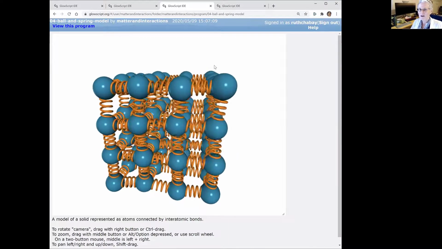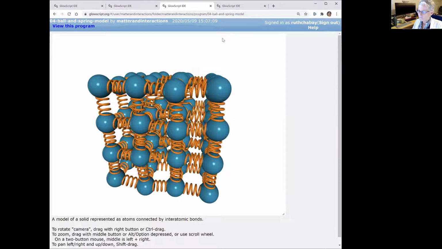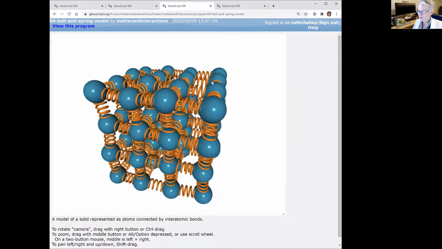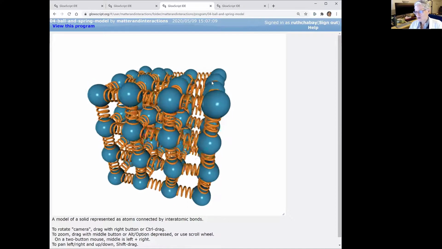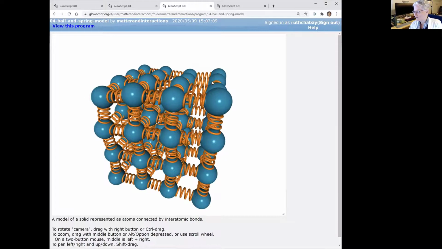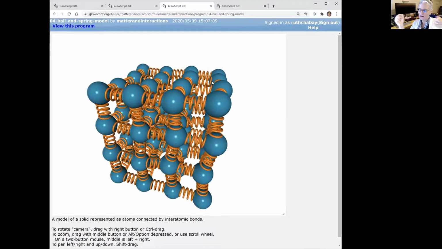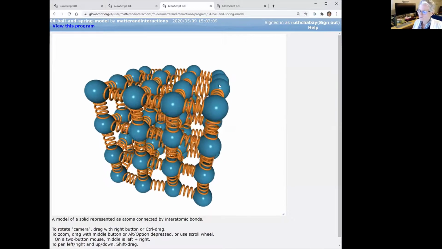In fact, they aren't ever sitting still. They're moving, and you can see that there's certainly kinetic energy in here, right? The atoms have mass and they're moving back and forth a little bit, so they clearly have kinetic energy.